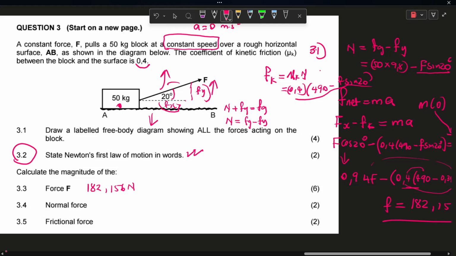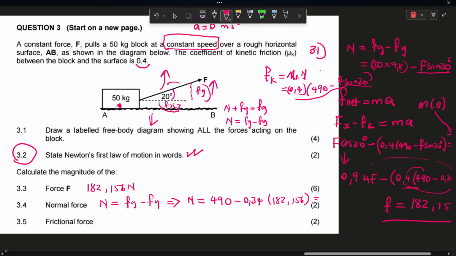That was tricky, but easy. Normal force, you know the formula for the normal force. We already had it: the normal force is equal to Fg minus Fy. So you say normal force is equal to 490 minus 0.34 into 182,156.